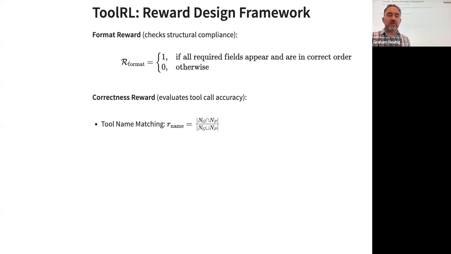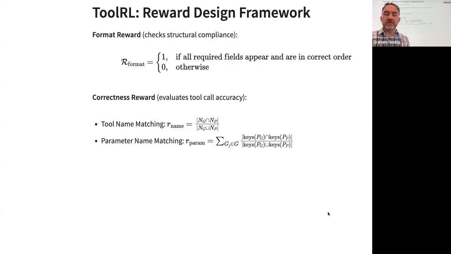So basically, they checked if the tool names in the generated output overlap with the tool names in the gold standard tools. And so then also if you're generating too many tool calls, you get penalized for that. And then they also measured the overlap for each of the tool calls among the parameter names and the parameter content.